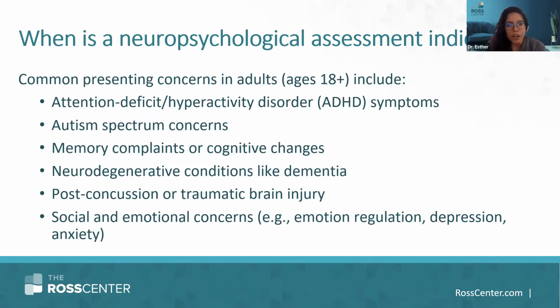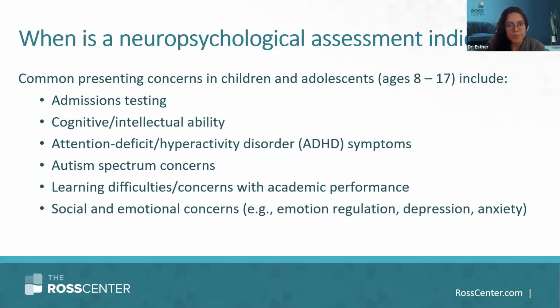We also assess for autism spectrum disorders, as well as memory complaints or cognitive changes, in addition to neurodegenerative conditions like dementia, post-concussion or traumatic brain injury, as well as social and emotional concerns, including difficulty with emotion regulation, struggling with depression and anxiety. So these are just some presenting concerns that we commonly see here at the Ross Center for adults.